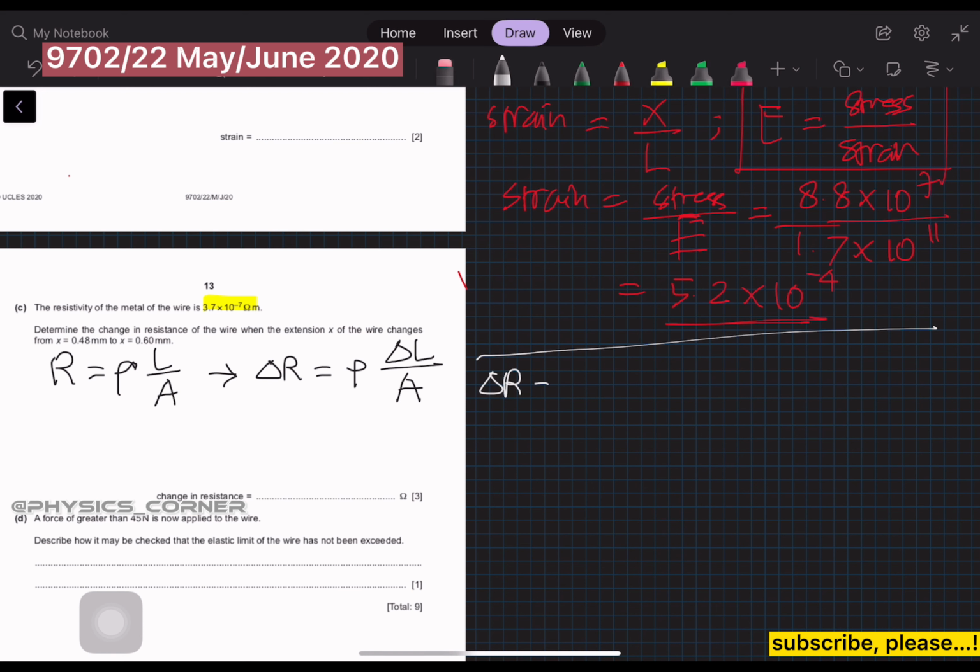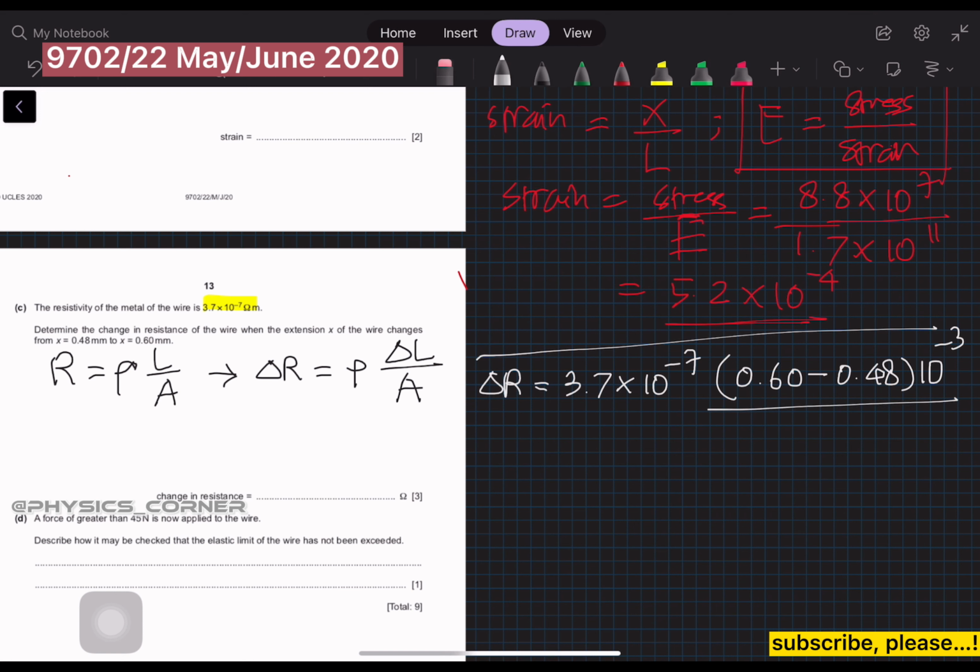Delta R equals rho, which is 3.7 times 10 to the power negative 7, times delta L, which is 0.60 minus 0.48. This is in millimeter, so we need to convert into meter, times 10 to the power negative 3.